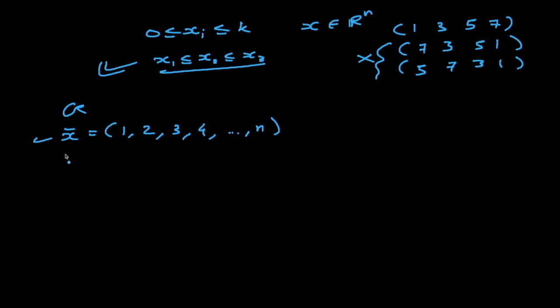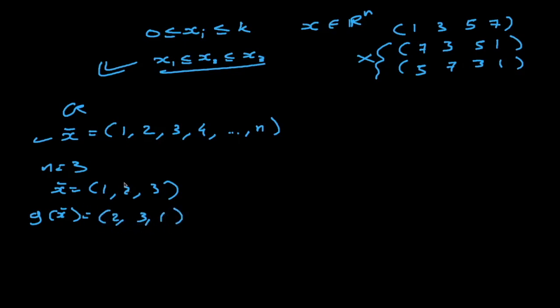Okay, so let's see an example where n equals 3, and let's say my x bar is simply 1, 2, 3, and under some permutation my g of x bar looks like 2, 3, 1. So this is one permutation where I have permuted the indices.